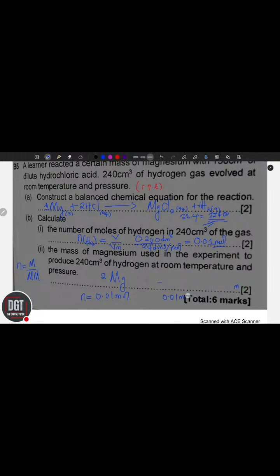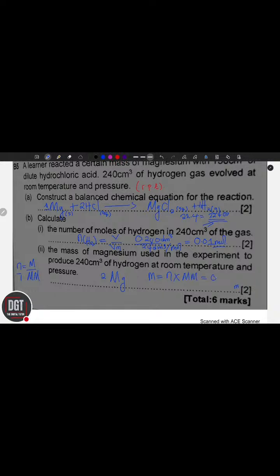So now we can go on and find the mass. What is the molar mass of magnesium? Check on the periodic table and let me see it in the comment section. Mg, it is 24. So to find the mass, making m the subject, we have number of moles multiplied by molar mass.